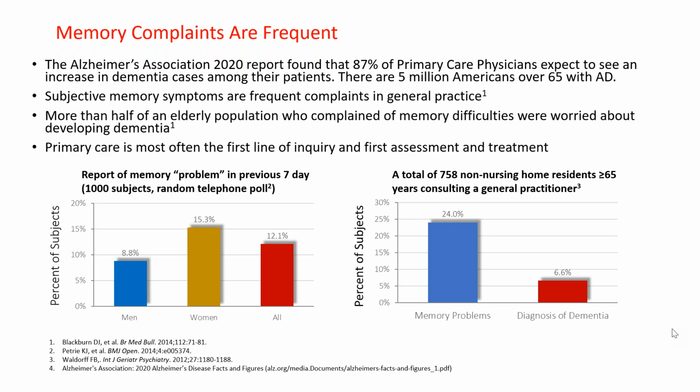And among those living at home over age 65 who are complaining of memory problems, it's about a quarter, and a smaller percent have a diagnosis of dementia, of course. But a good number of people are having symptoms, and that doesn't necessarily mean they have mild cognitive impairment. It doesn't mean they have a degenerative condition. It just means they're having memory related symptoms, and it could be for a number of reasons.